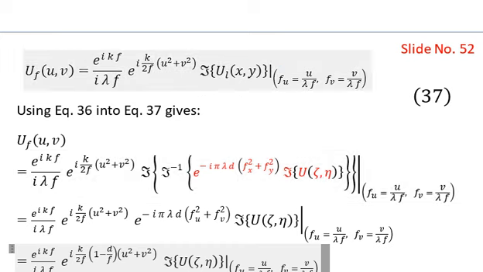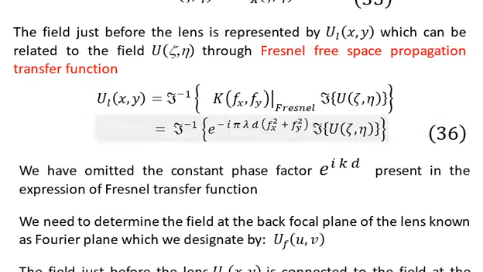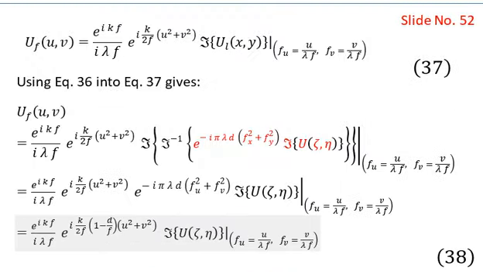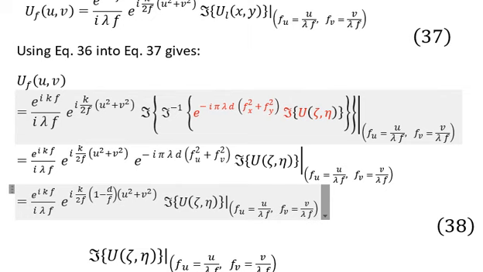And you know that for this UL of x comma y, we have to insert its value from the previous equation, that is this one from equation number 36. We are going to insert the value of this field into equation number 37, which we have shown in red color. This operator, which is just before the curly bracket, will operate inside.